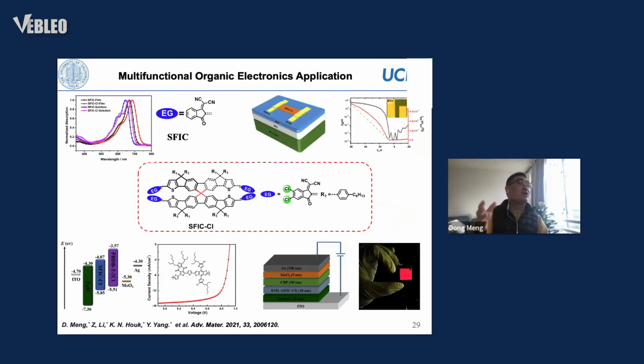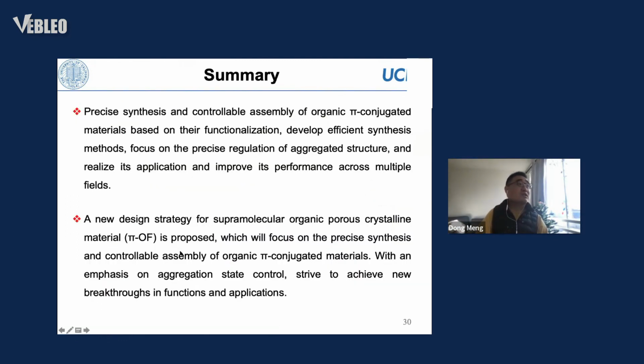We also use this method to develop OFETs, OLEDs, and other organic electronics. In summary, we can use precise synthesis and controllable assembly of organic pi-conjugated molecules based on their functionalization to realize applications and improve performance across molecular fields.